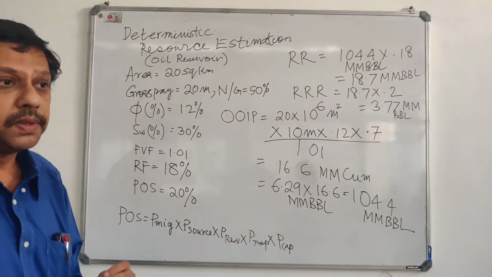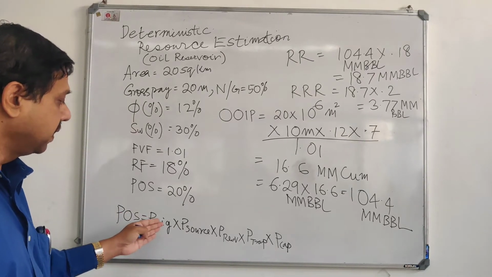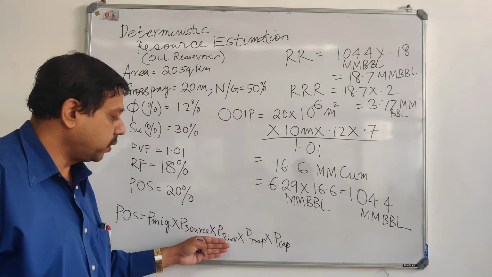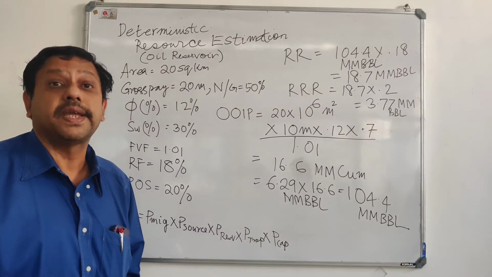Just to remind you, the probability of success is calculated as probability of migration into probability of source into probability of reservoir into probability of trap into probability of cap.